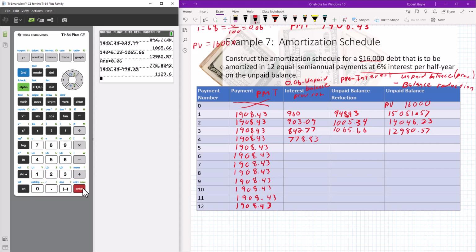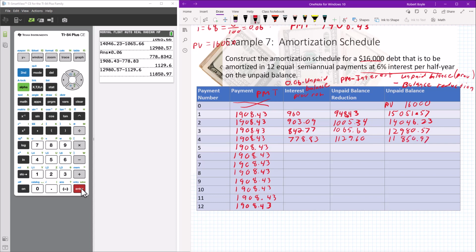That gives me a new reduction of $1,129.60. Okay, that means our new principal is going to be equal to the previous principal, $12,980.57, minus our reduction, and that will give us $11,850.97.